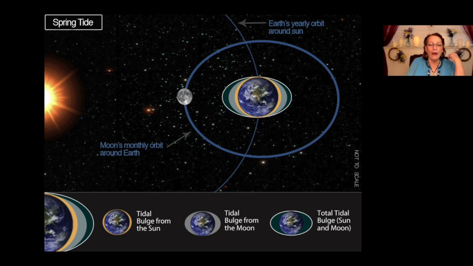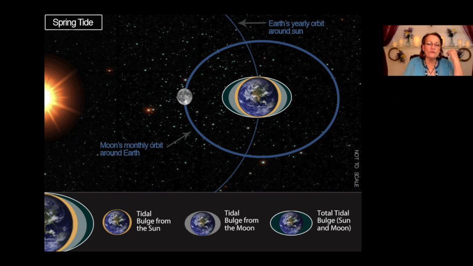If we look at this diagram down at the bottom, the yellow circle around the Earth is the tidal bulge from the sun's gravity. Then there's a gray circle around the yellow circle, and that's the tidal bulge from the moon's gravity.